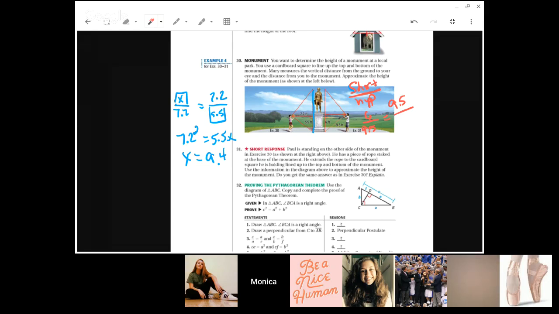And then the hypotenuse would be what we're looking for. Yes? So then what do you get there?